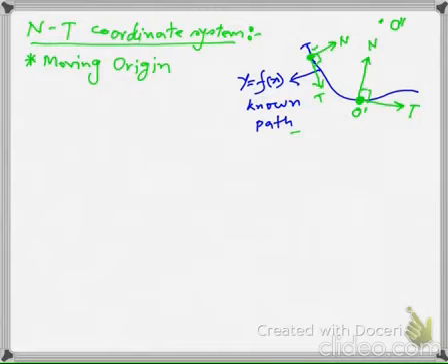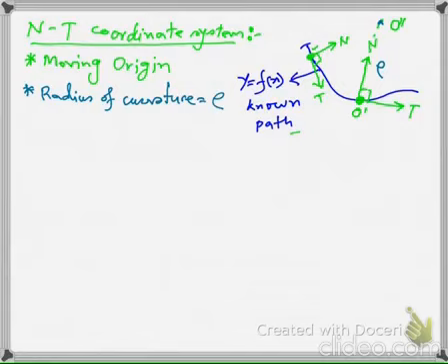So this is a curve, and this is the center of curvature, and the distance from the particle to the center of curvature is rho. We can assume that is rho, the radius of curvature, which is the distance from here to here.